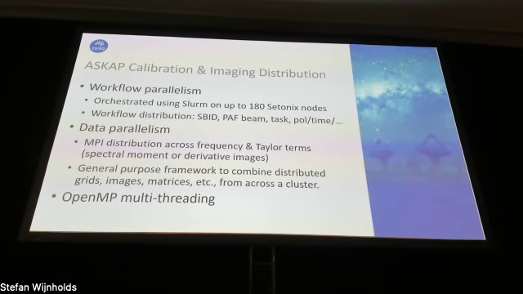Right, so there are three different ways that we distribute it. The most extreme and important parallelism that we use is really the workflow parallelism. We have a lot of separate processes all being orchestrated via Slurm. SBID here is the observation, so we can have multiple observations being processed at the same time.